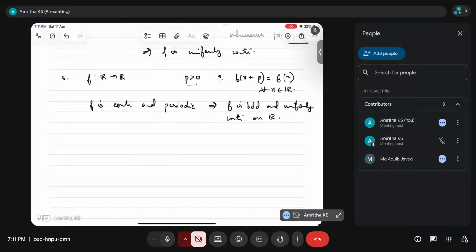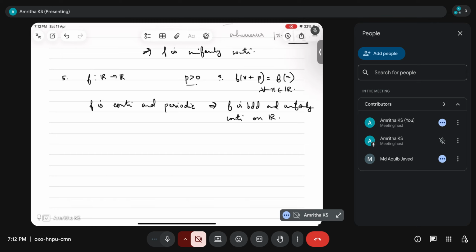And if we prove in the closed interval [0,p], if f is bounded on the closed interval [0,p], then I think it is bounded.